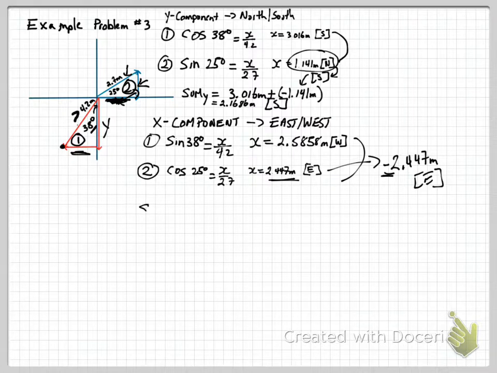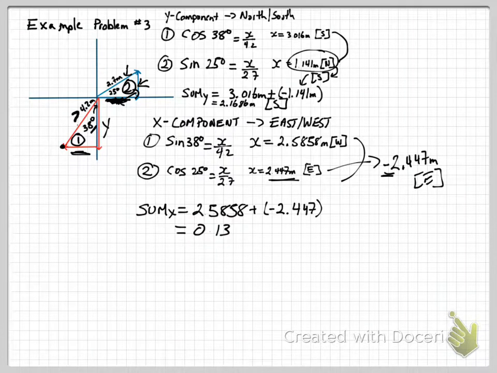So now I can take the sum of x, which is going to be now 2.5858 plus negative 2.447, and that is going to equal 0.1388 meters.